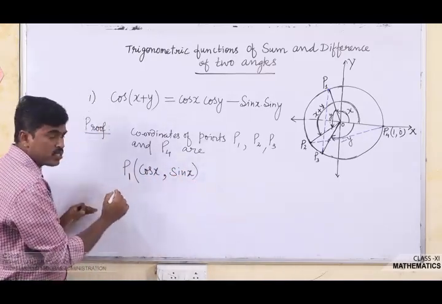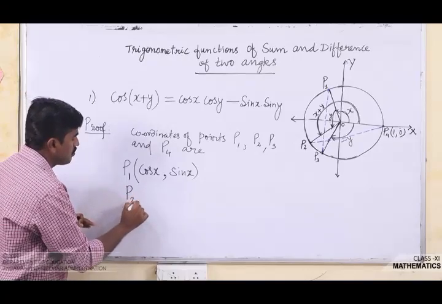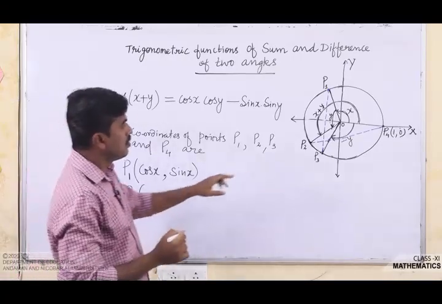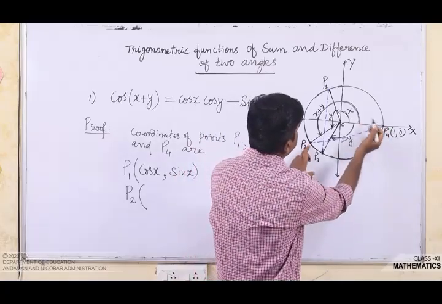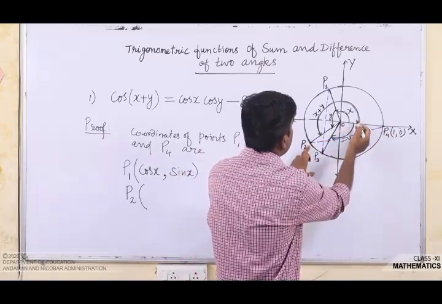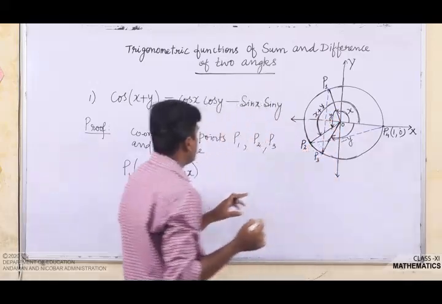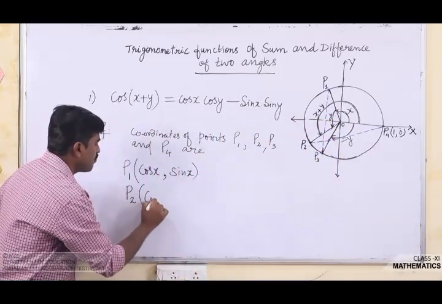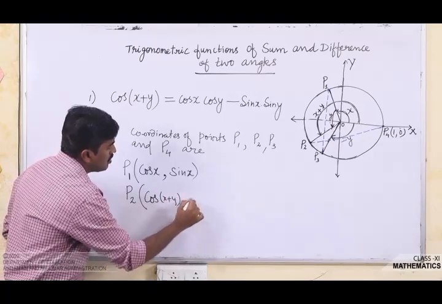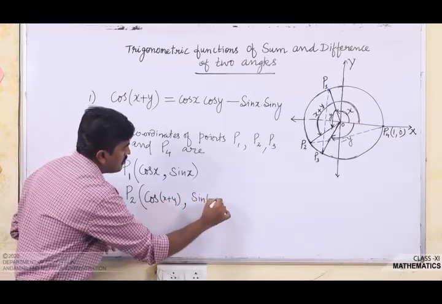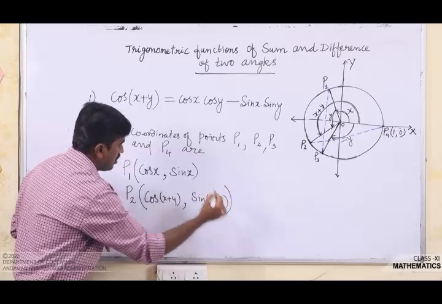Then the coordinates of the point P2, here it is P2, so what is the angle P4OP2? This angle is x plus y, so here the coordinates of P2 can be taken as cos of x plus y comma sine of x plus y, okay.